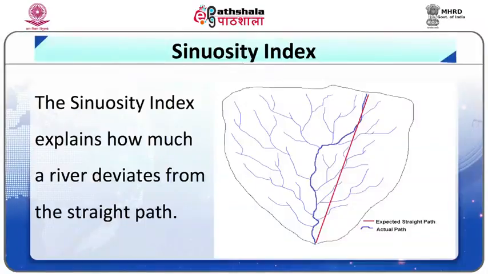Now come to the last parameter of linear aspect, that is sinuosity index. The sinuosity index explains how much a river deviates from a straight path. Many scholars have developed methods to calculate sinuosity index.